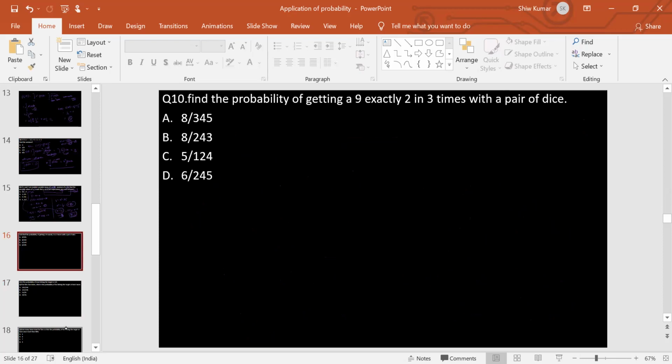Next, we'll discuss the application of probability, how to apply discrete random variables in different cases. The next type of probability is the discrete random variable. In discrete random variables, there is one distribution called the binomial distribution, and another distribution called the Poisson distribution.